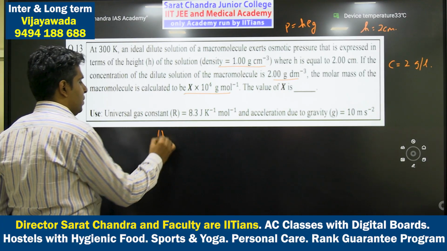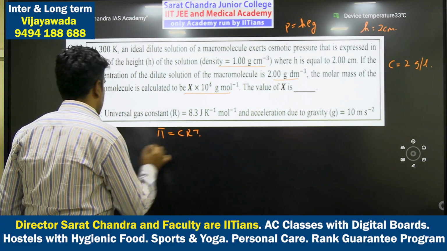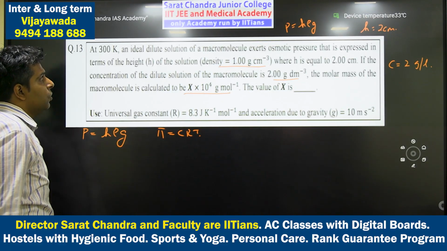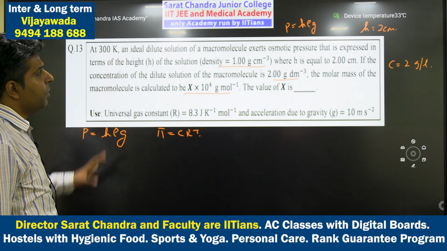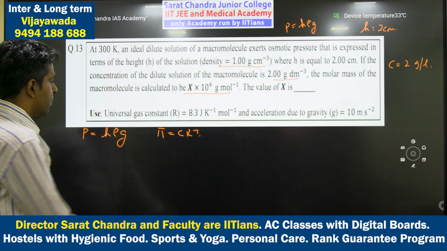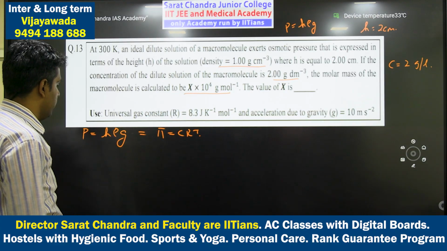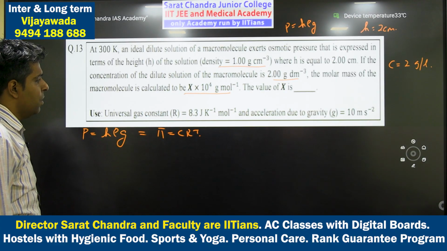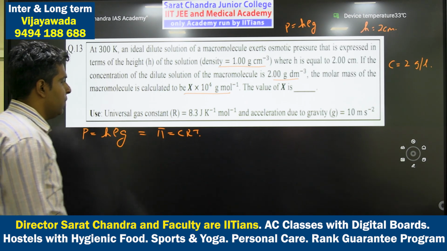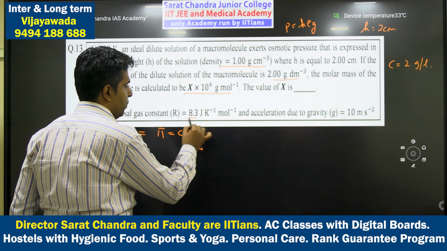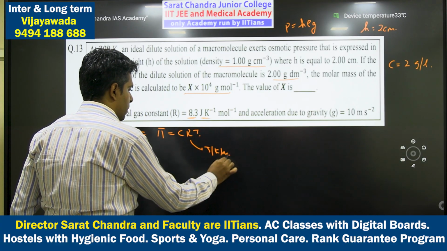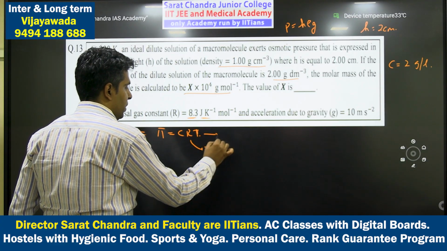So osmotic pressure is given by CRT, and the pressure due to height of the liquid is h rho g. The question is saying osmotic pressure is expressed in terms of height of the liquid only. So over here we will be working in SI units. When working in SI units, the value of R that you take is in joules per Kelvin per mole, and temperature will be in Kelvin.